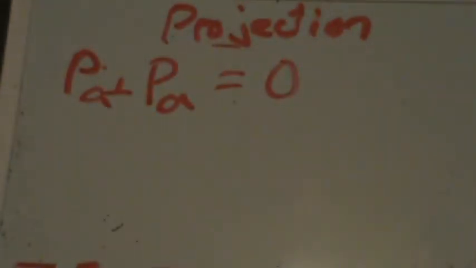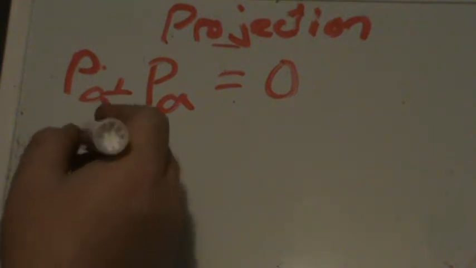Now we go, oh okay, so that's kind of a cool sounding idea, but how do I find such a thing? It turns out there's a very nice, easy way to find an orthogonal projection. And we can use that idempotent property to help us out.